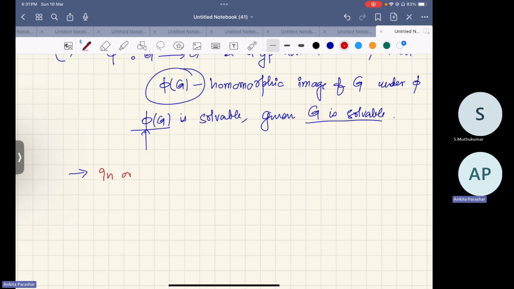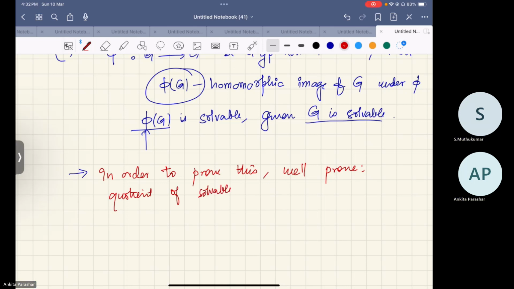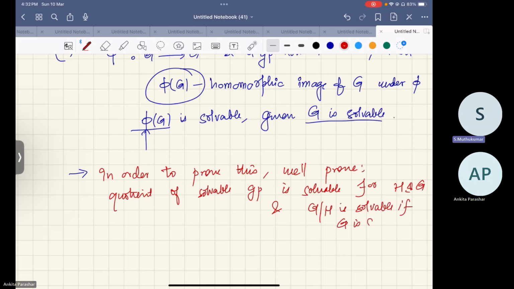In order to prove this, we shall prove the quotient of a solvable group is solvable. Or let's say H is a normal subgroup of G, and G by H is solvable if G is solvable. This is what we are trying to prove.